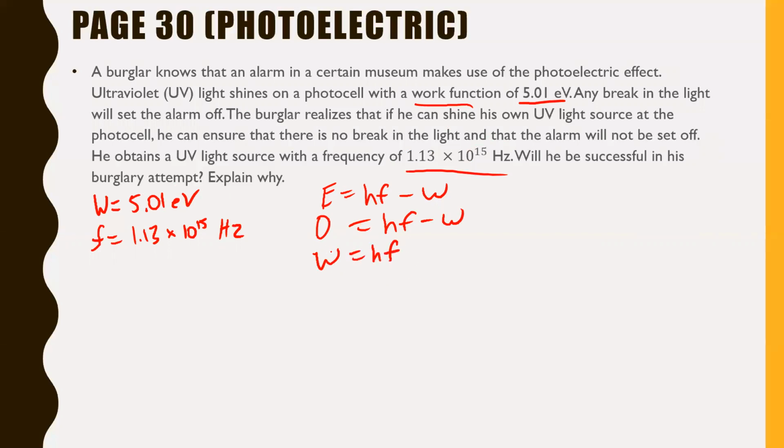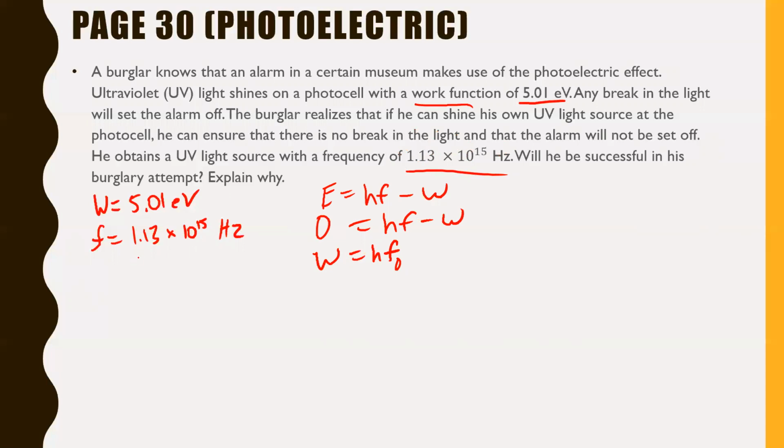Now this formula, W equals hf, usually was W equals hf with a 0 here. In other words, our threshold frequency. The threshold frequency is the minimum amount of frequency needed to start the photoelectric effect. That's really what we're looking for here. We're looking for whether or not this actually meets our expectations of the photoelectric effect.